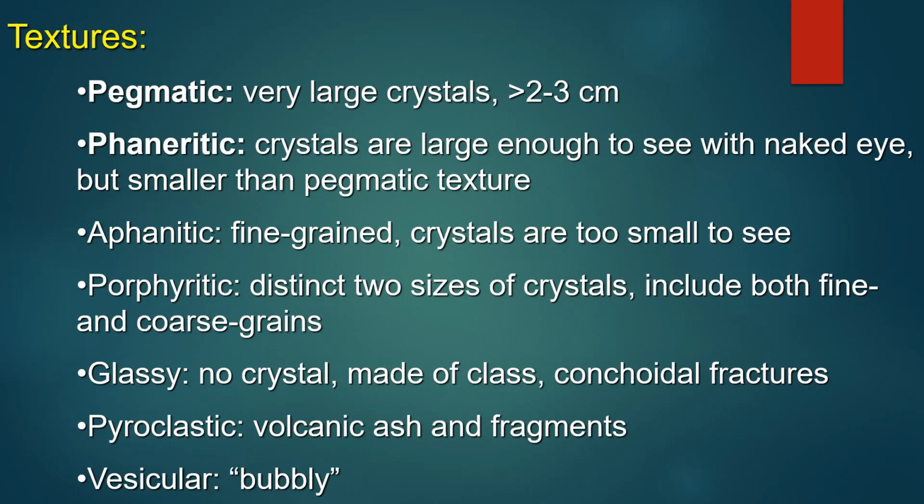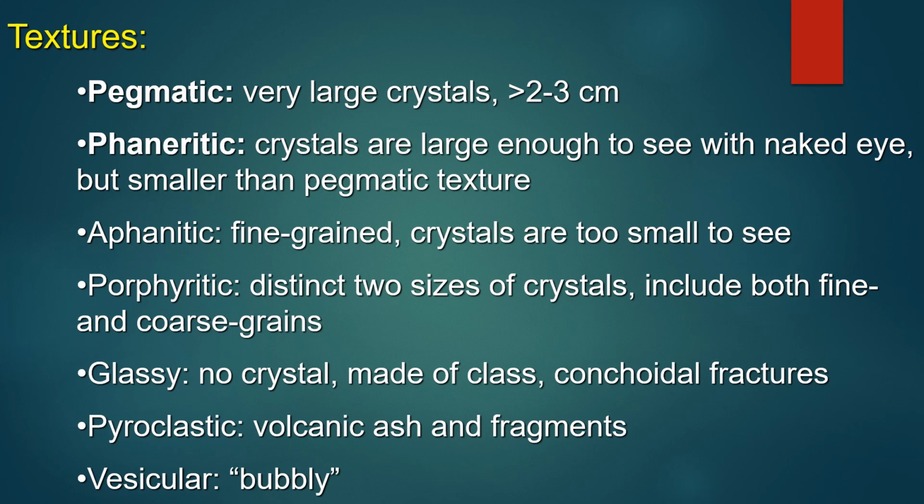The fine-grained and the coarse-grained terms are too simple. There are some more technical words we use to describe rocks. They include pegmatitic, which describes rocks with very large crystals, greater than 2 to 3 centimeters in diameter.